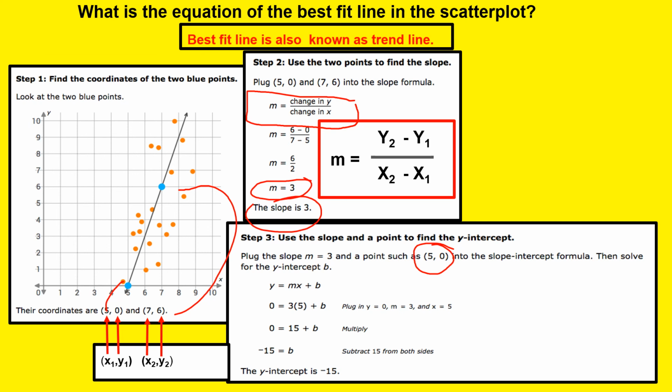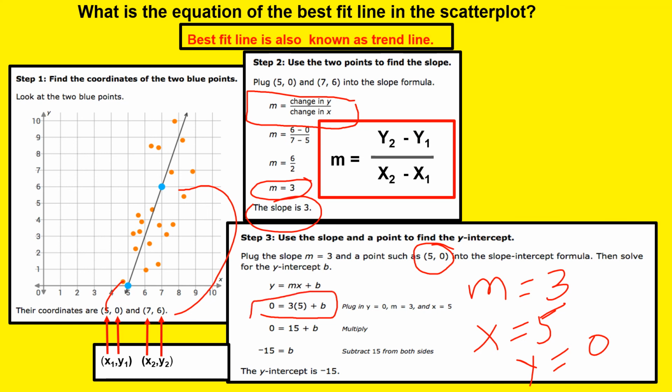So using m equals 3, x equals 5, and y equals 0, we sub in. Y equals mx plus b gives us 0 equals 3 times 5 plus b. 3 times 5 is 15, so 0 equals 15 plus b.